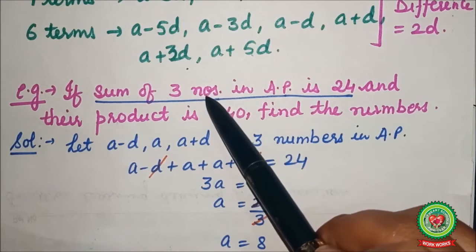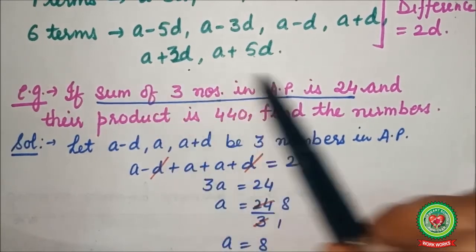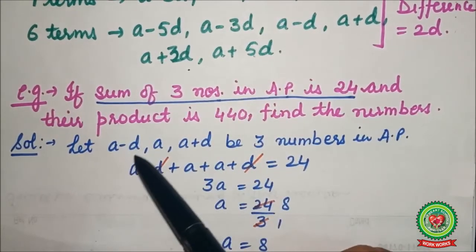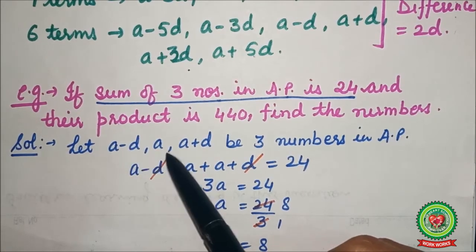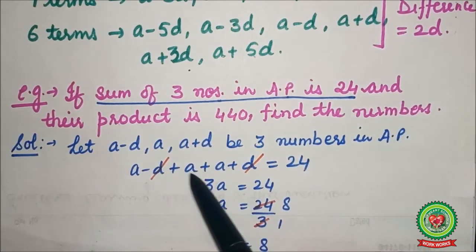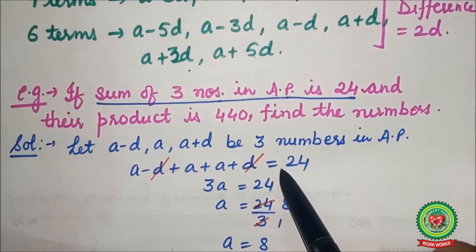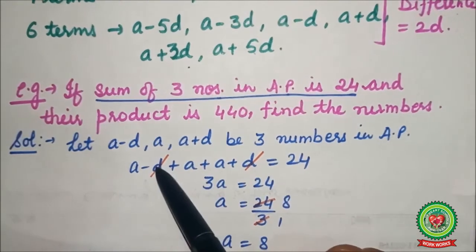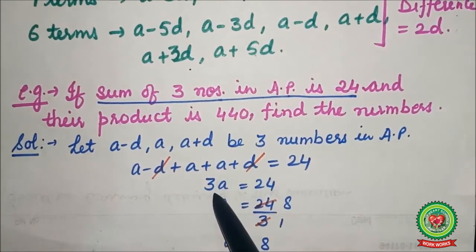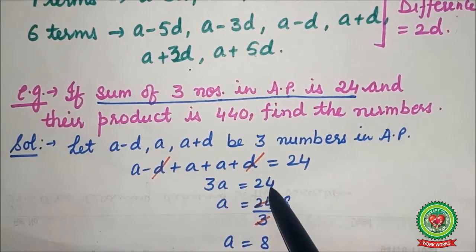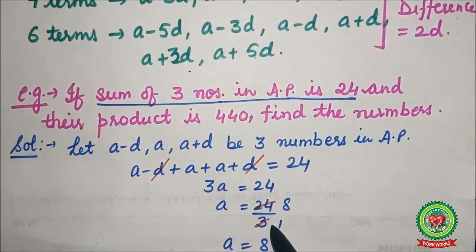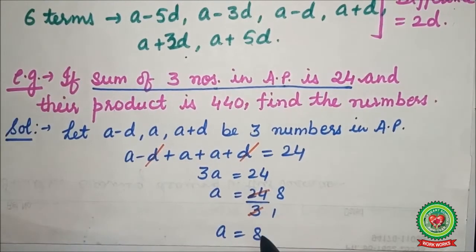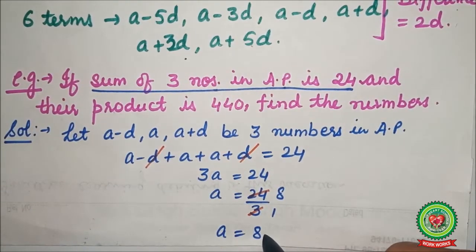Here hint is given 3 numbers in AP and sum is 24. So numbers will be a minus d, a and a plus d. When you add them, it will become 24. Now, d will cancel with d. 3a is equal to 24. On shifting 3, we will get the value of a, that is equal to 8.